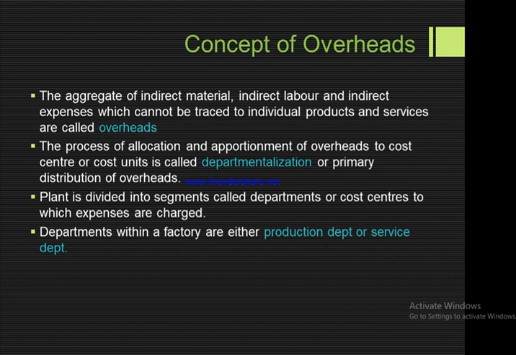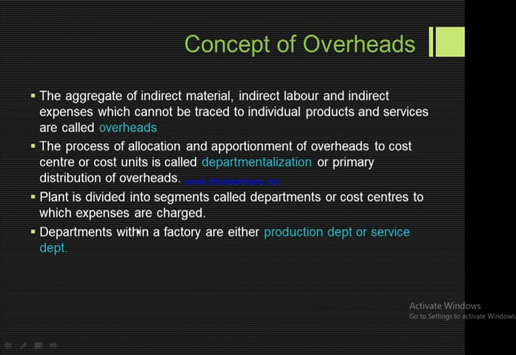Overheads, as the definition goes, are the aggregate of indirect material, indirect labor and indirect expenses which cannot be traced to individual products and services. Hence the first and foremost thing companies do is departmentalize, which is known as the primary distribution of overheads, and the entire plant is divided into different segments in the form of departments.